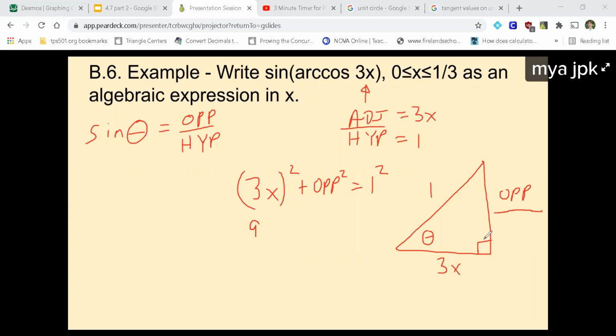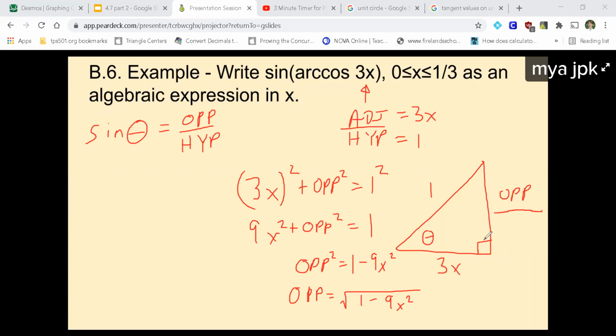Which means 9x squared plus the opposite side squared is equal to 1. Which means the opposite side squared is equal to 1 minus 9x squared. Which means the opposite side is the square root of 1 minus 9x squared.